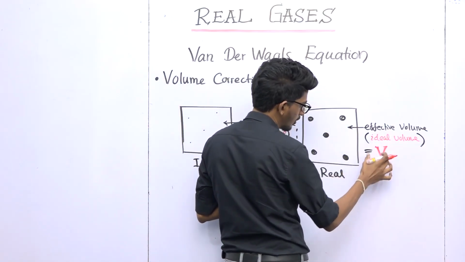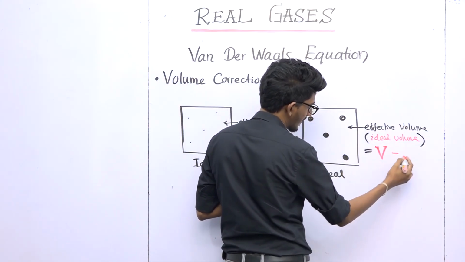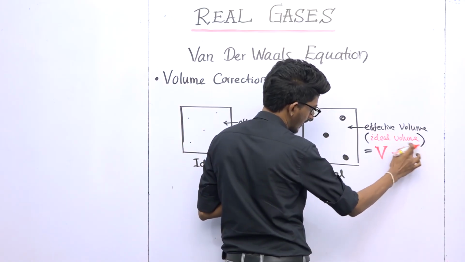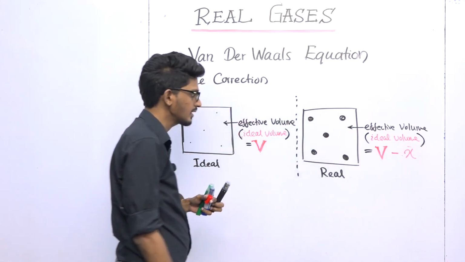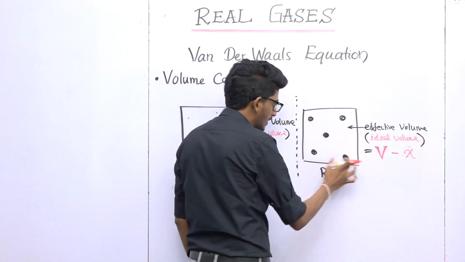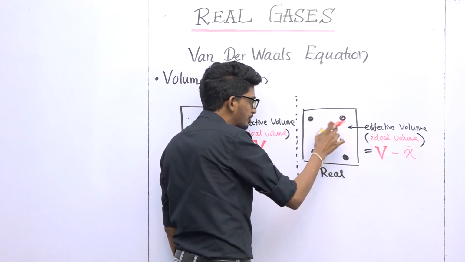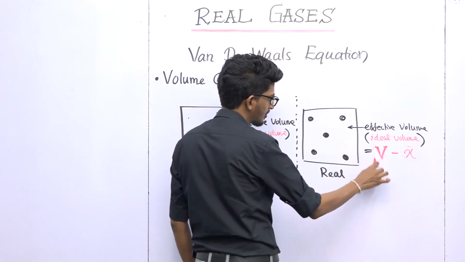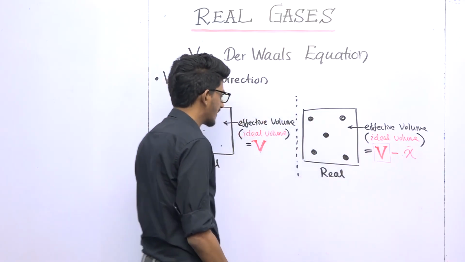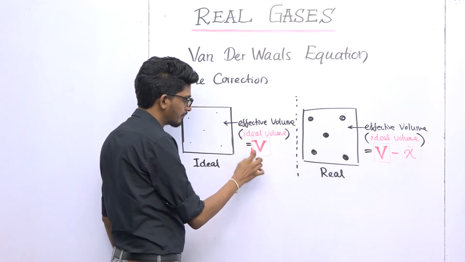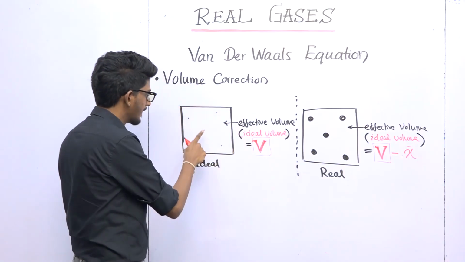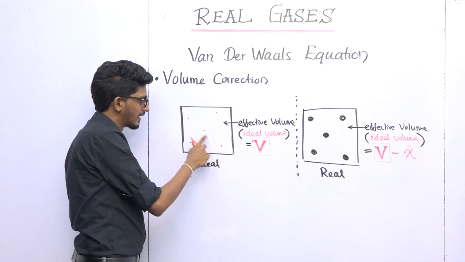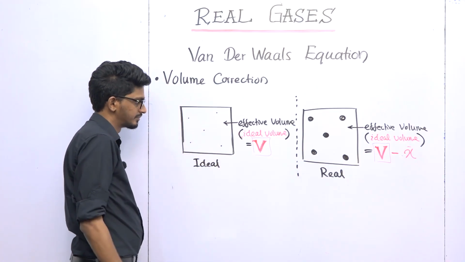That effective volume is less than that value. The volume available for these gas molecules to freely move is less than the volume of the container, while here it was equal to the volume of the container. Why is that? Because the space occupied by the ideal gas molecules is negligible.